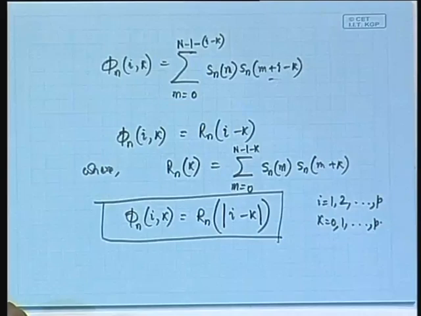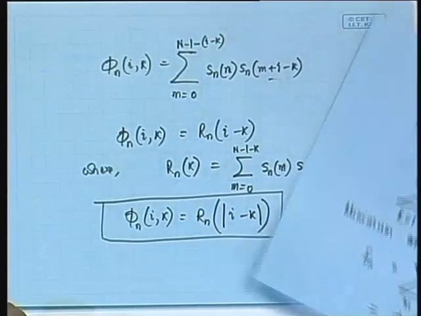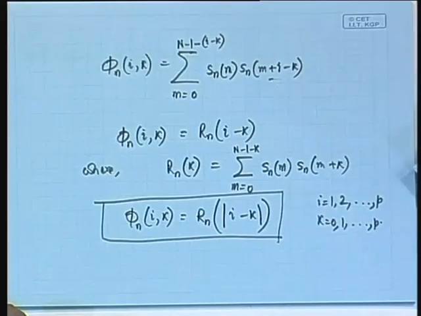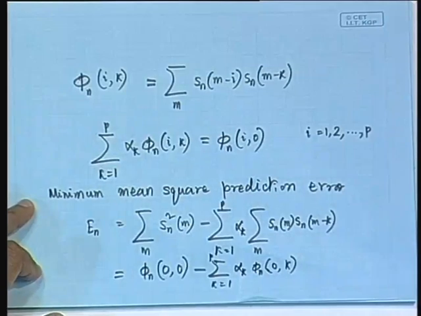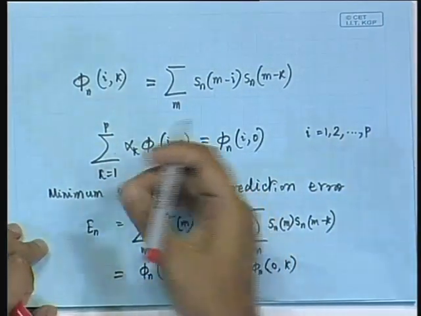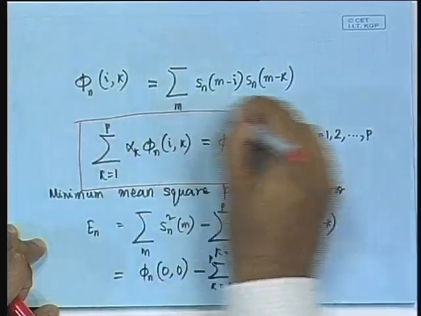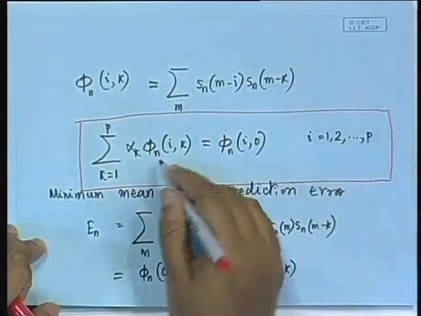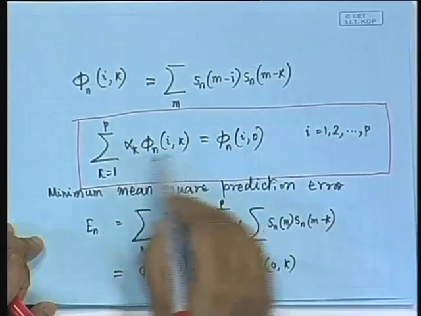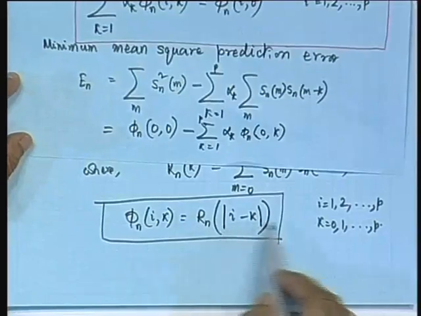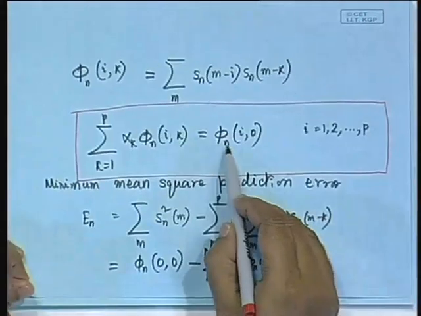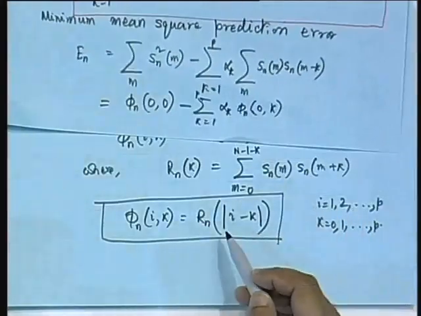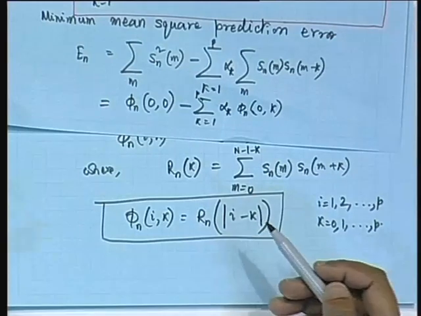So now let us go over to this equation, okay, we are now required to solve this for alpha k, phi n. In this equation, in place of phi n(i,k), you just put Rn of mod i minus k, okay, and phi n(i,0) is nothing but Rn(i).